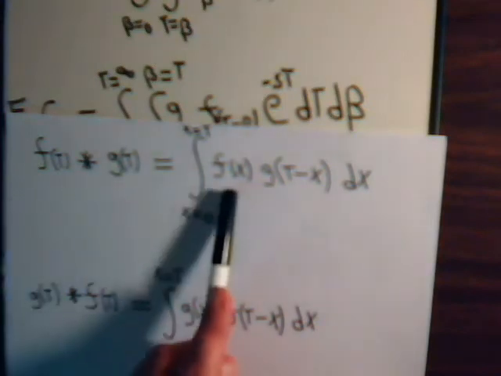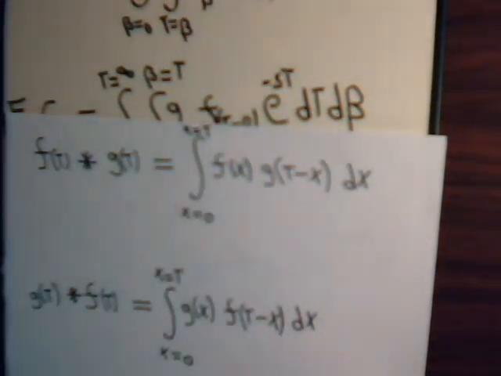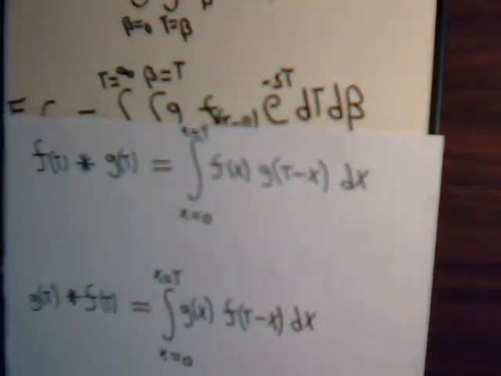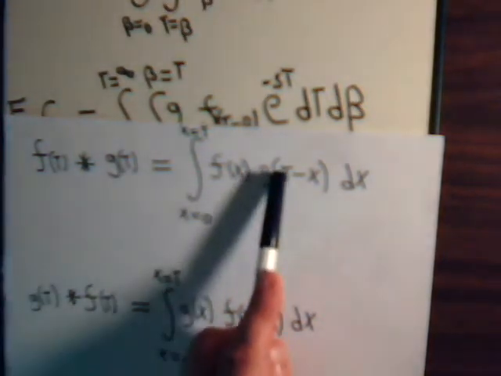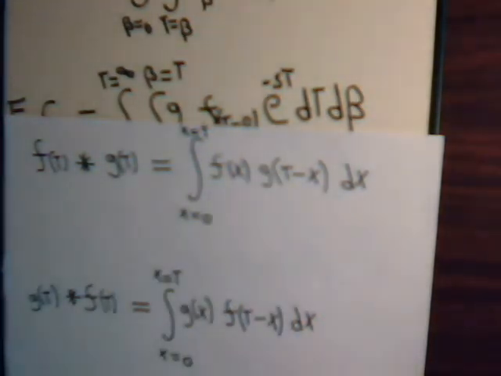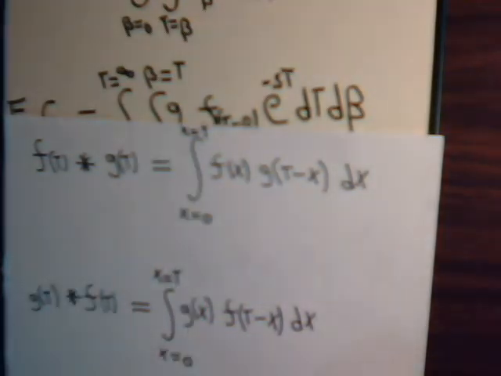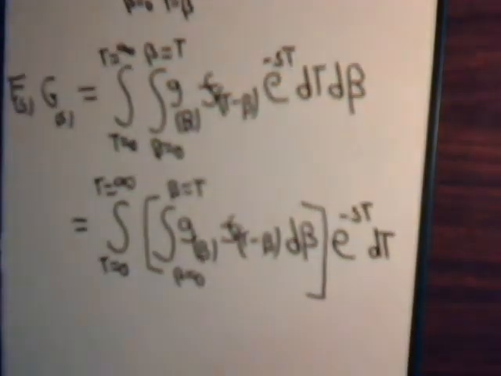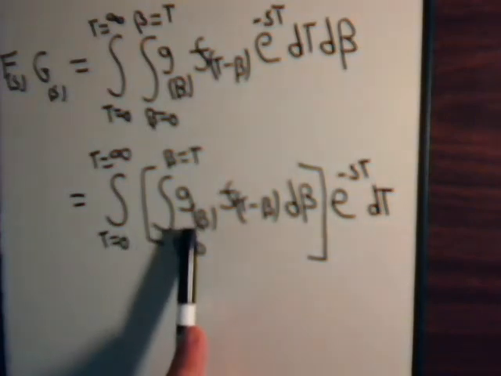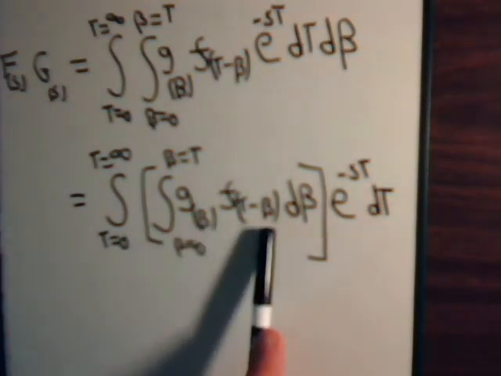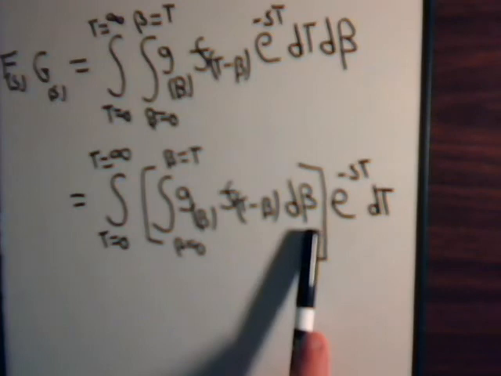So we do a variable change, as we explained in our introductory video. T is just treated like a constant. And the limits are x equals 0 to x equals t. Well, here we have g of beta, f of t minus beta, d beta.